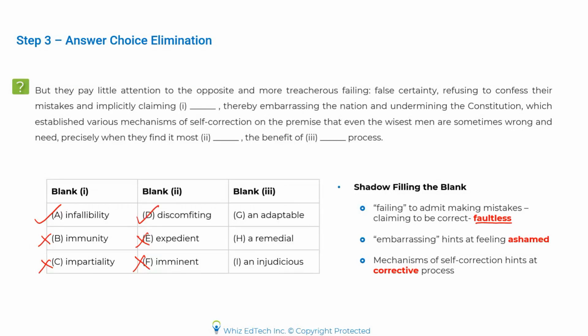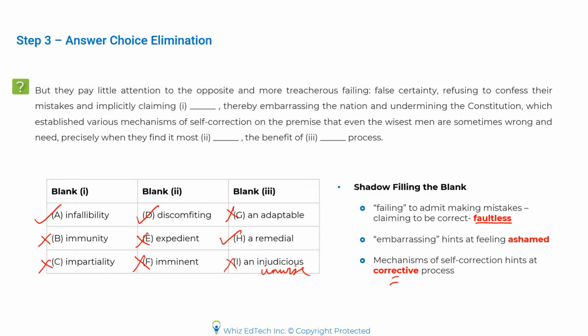So discomforting makes sense here. And we don't know whether the process is adaptable or not. We are looking at a corrective word. Injudicious is a negative word, which means unwise. So I'm not going to look at this, and I'm left with remedial, corrective, remedy. So the correct answer is A, D, and H.